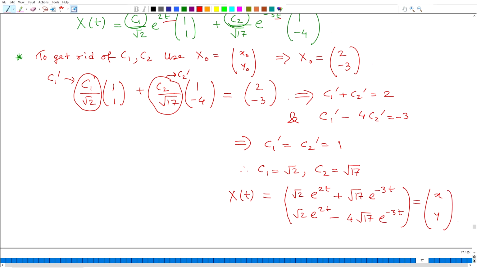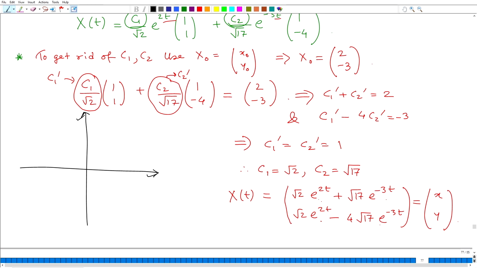Now, if you look a little more carefully, you will see that you have exponentials here, and when they are combined like this, they will give you hyperbolic solutions. If you plot this carefully or use some plotting software, you will see that the hyperbolae are not exactly taking this axis and this axis as their axes.